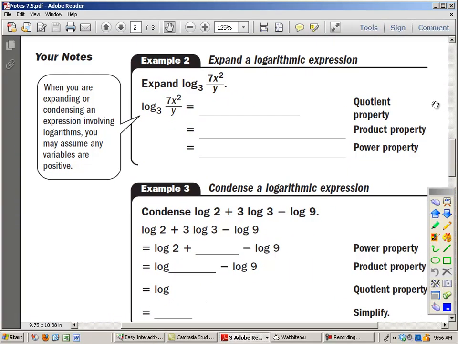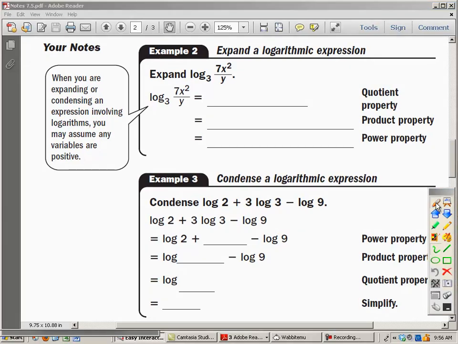All right, let's expand a logarithmic expression. Again, remember, this is log base 3 of 7x squared over y, and since this is a quotient now, we can do a number of things with this. So I guess the first thing I want to do is separate the quotient into log base 3 of 7x squared minus log base 3 of y. Now again, we're expanding this, so when I get all done, it should be a much longer logarithmic expression.